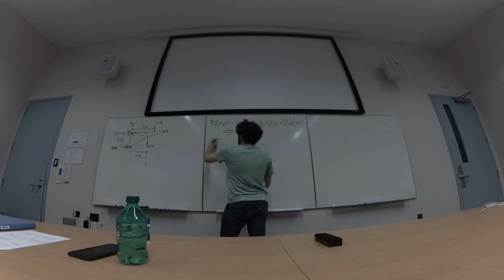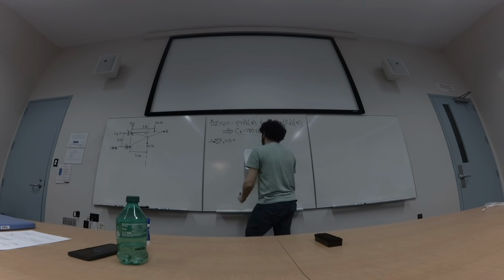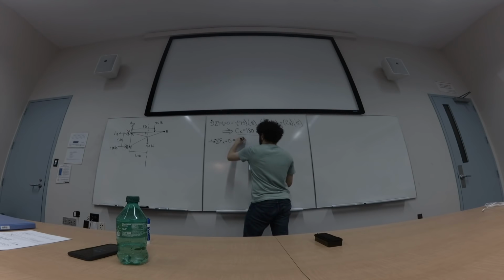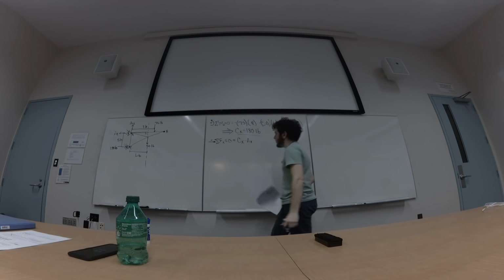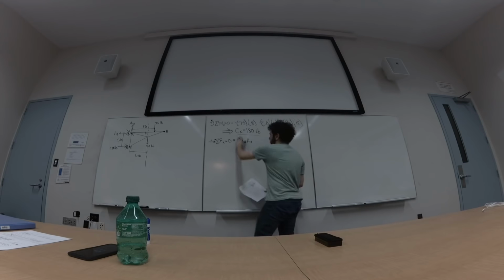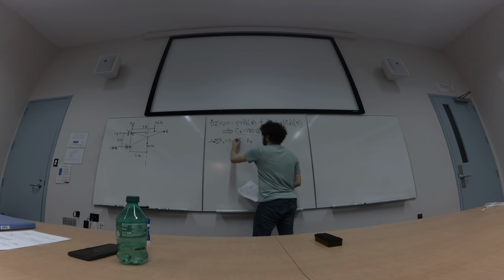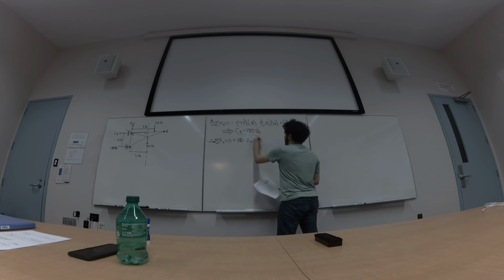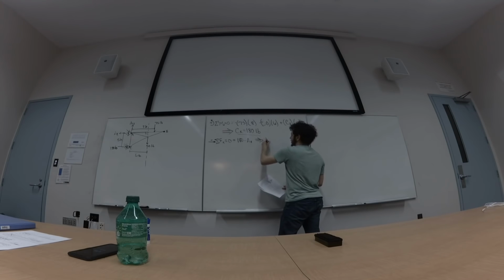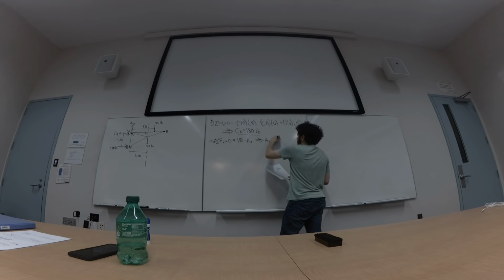So if we're looking at the summation of forces in the X direction with right being positive, I'm going to set that equal to 0. You're going to have CX minus AX, and we already said that CX is 180 pounds. That one is super simple. You're just going to get that AX equals 180 pounds as well.